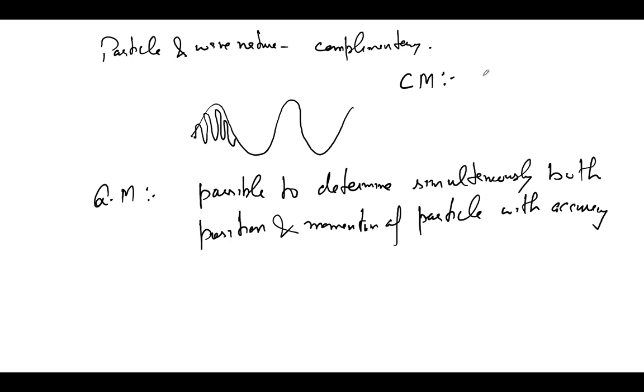Now, Heisenberg stated a universal principle. So what is this Heisenberg uncertainty principle?